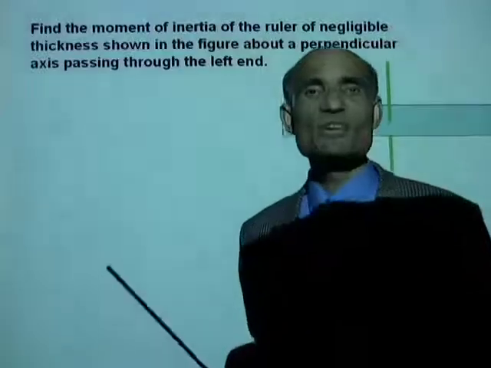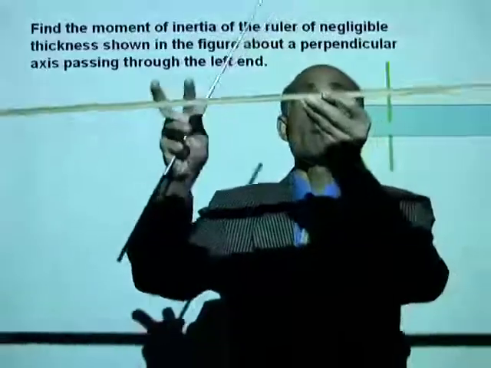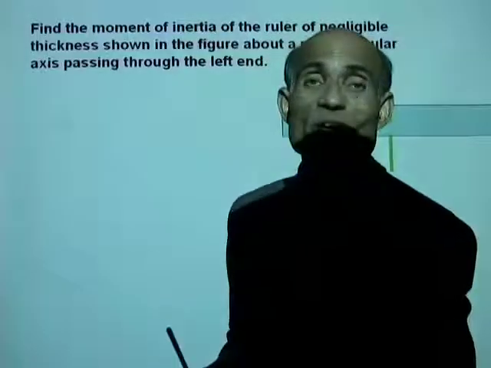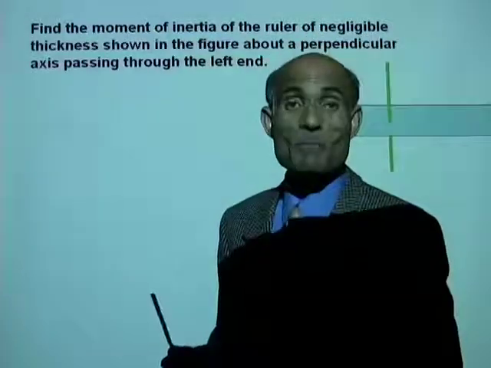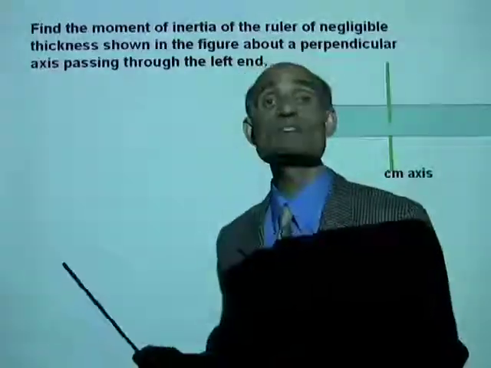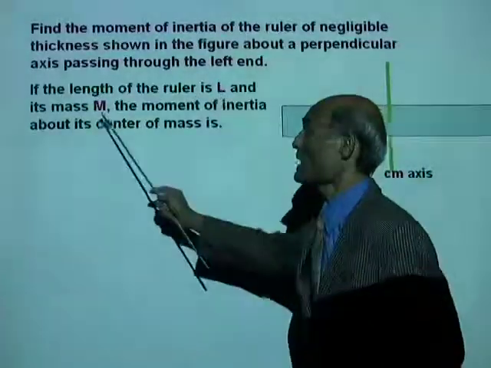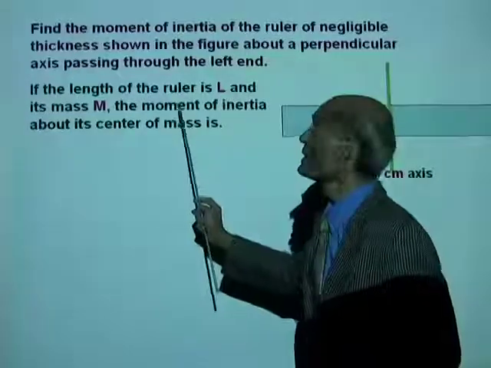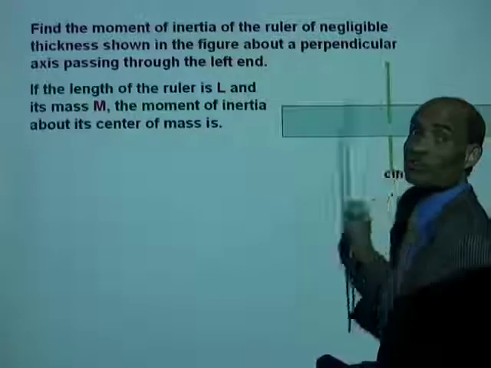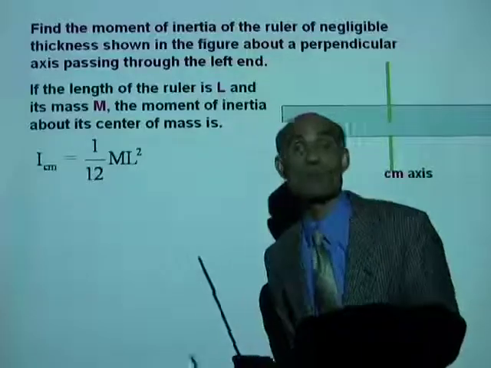Tell me, what is the moment of inertia of a ruler about an axis through its center of mass? What's the formula for that? It's 1/12 ml squared. If the length of the ruler is L and its mass m, the moment of inertia about this axis, I center of mass, is 1/12 ml squared.